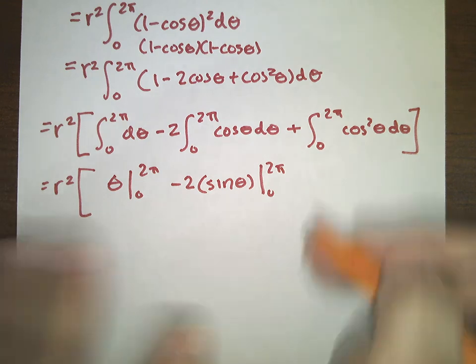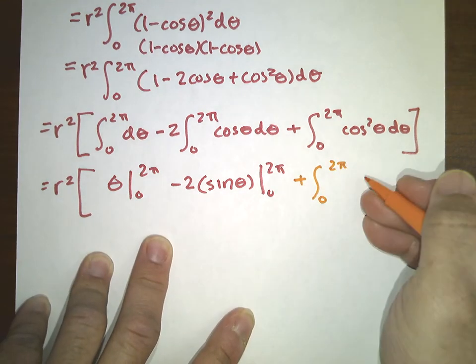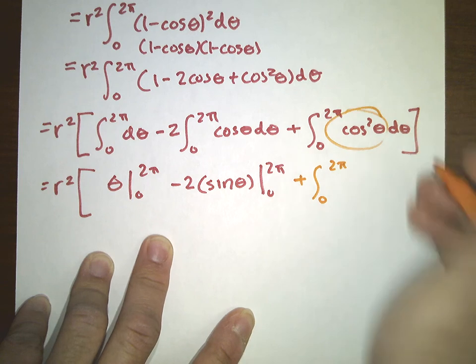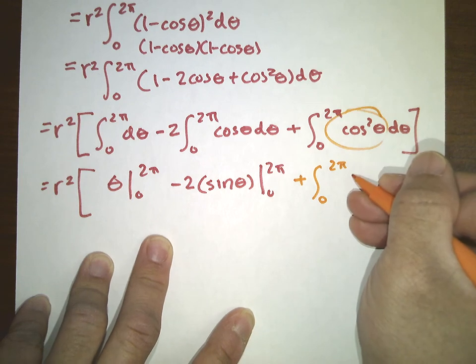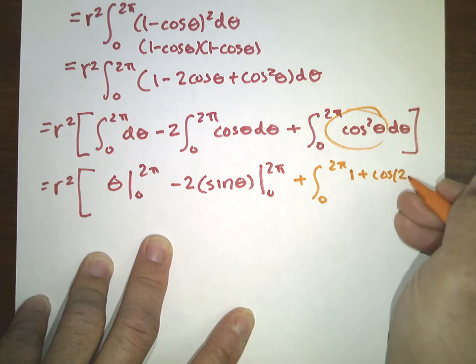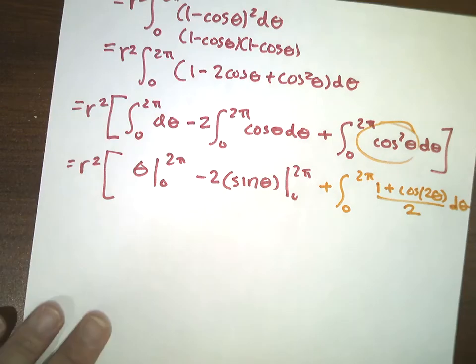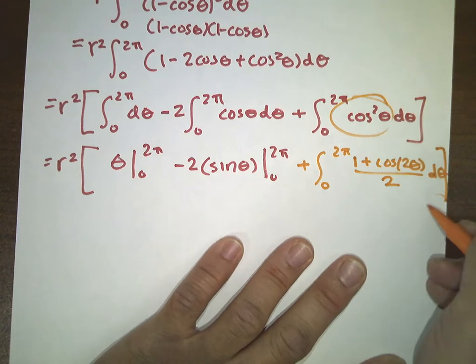That would be to rewrite this as the integral from 0 to 2 pi of, use a trig identity here, 1 plus cosine of 2 theta over 2 d theta. All right, so now what do we have here?